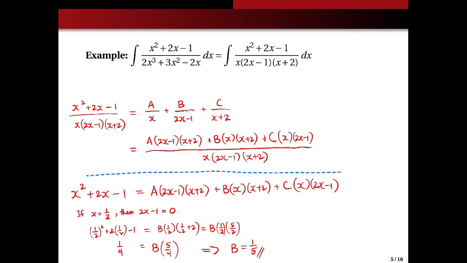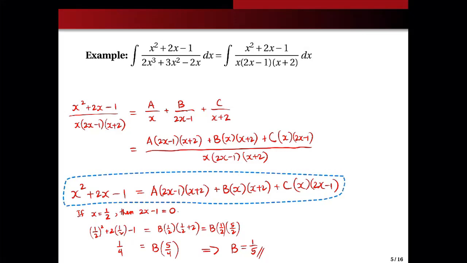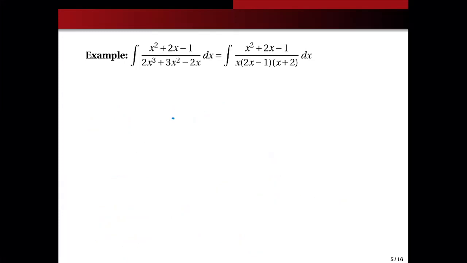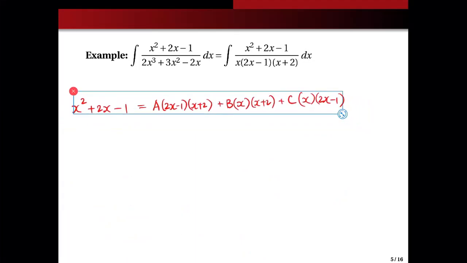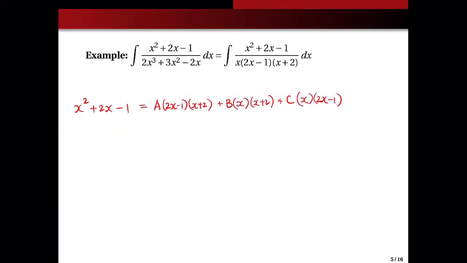So let me copy this first. So we have this. We already got B. Let's now solve for A. You see, we now let x equals 0.